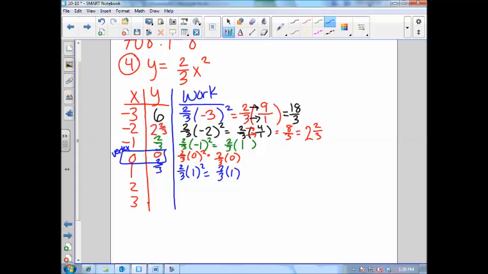So 2 and 2/3 here will match positive 2's y value, which is also 2 and 2/3. So those match. And then we spread out. The next two will match. Positive 3 and negative 3 are both 6. Does that make sense? Because of symmetry. Quadratics are symmetric around the vertex. Okay, so then you can graph it.